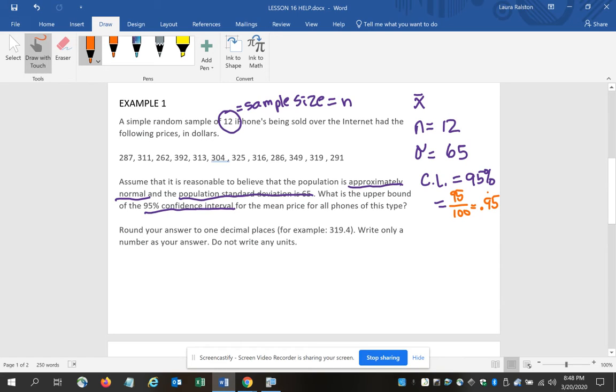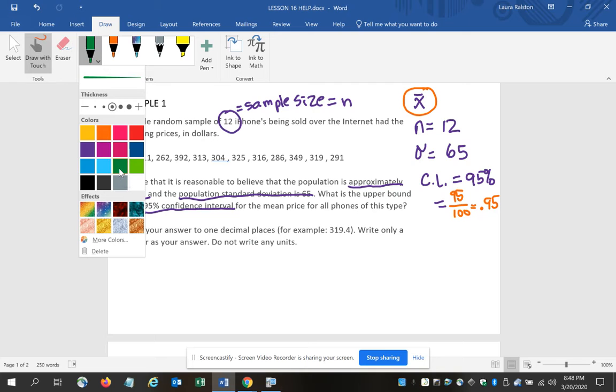Now, in this case, the piece that is missing is our sample mean. But I have the raw data, which would allow me to find it. My calculator will also do it all at one time for me when I'm using the command for the Z interval.